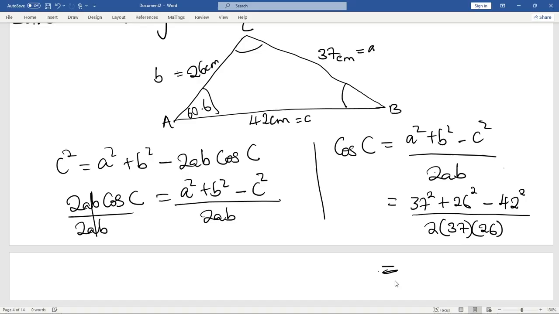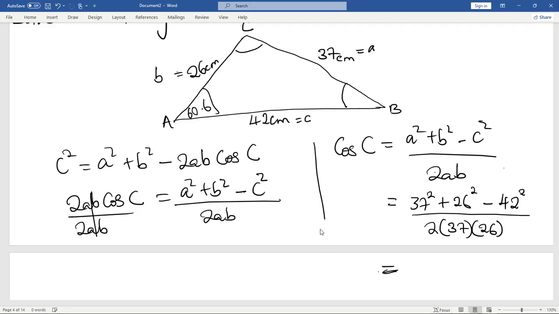So we have 37 squared plus 26 squared minus 42 squared.